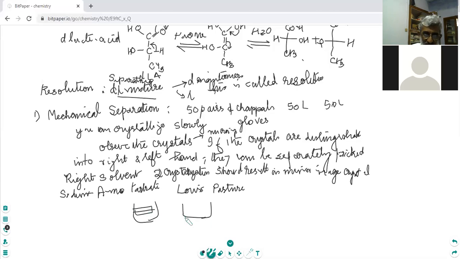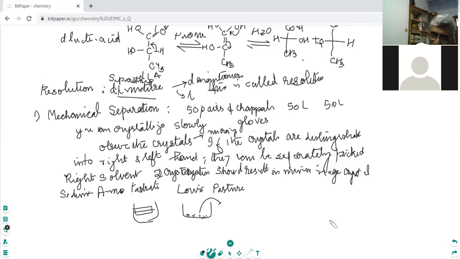The water had totally evaporated, and he saw a lot of crystals inside the beaker. So he was very curious, and he took a sample of these crystals and observed them under a microscope, and he found that they are mirror images of each other.